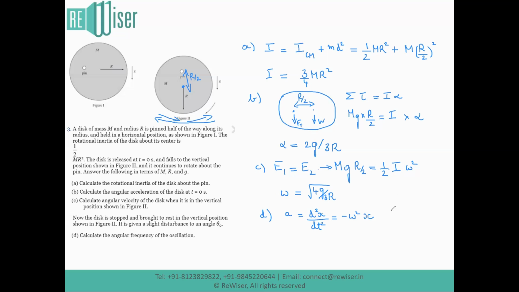The rotational equivalent of this will be d squared theta by dt squared is equal to minus omega squared theta. So let's start with Newton's second law of rotation again. We have resultant torque tau is equal to I alpha. We go ahead with our substitutions.